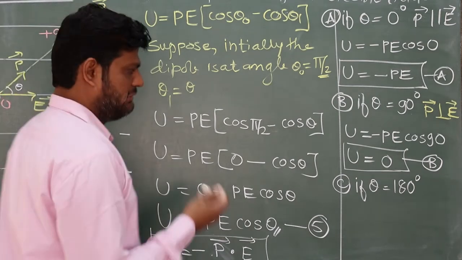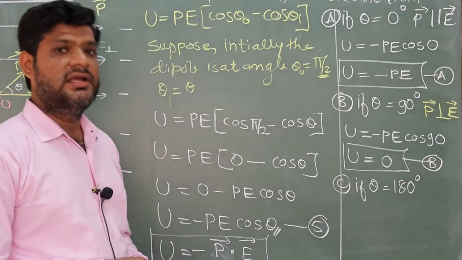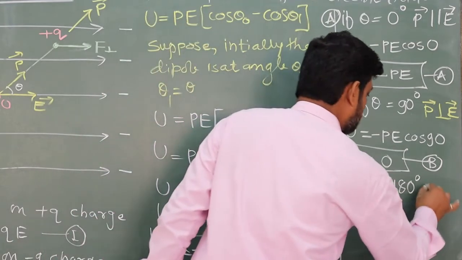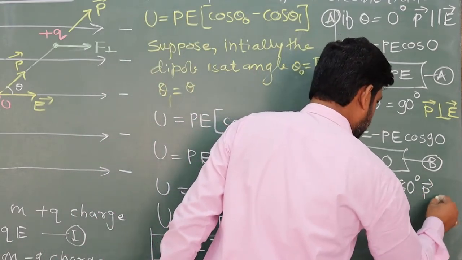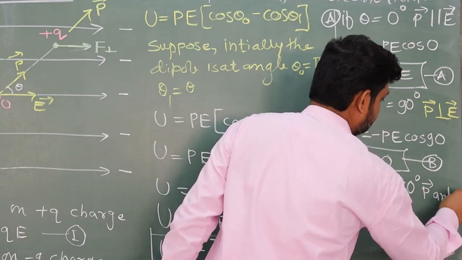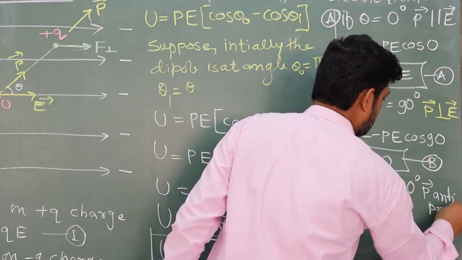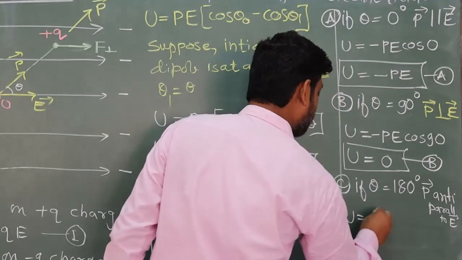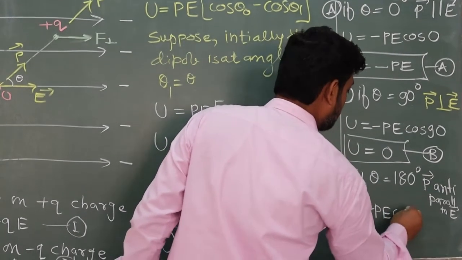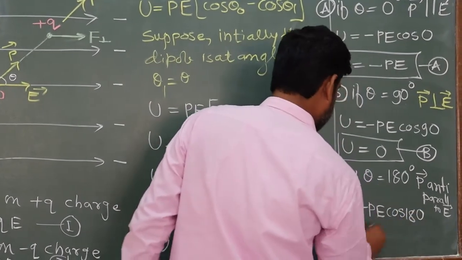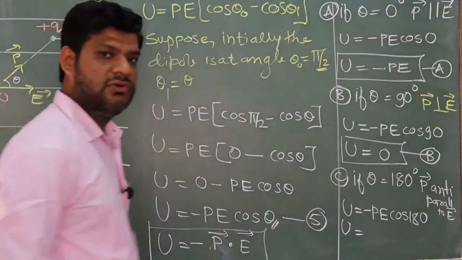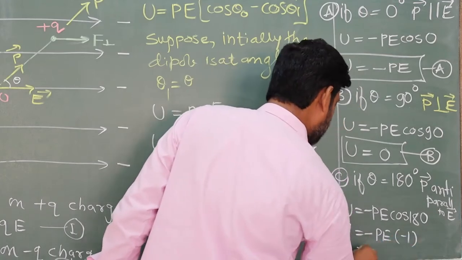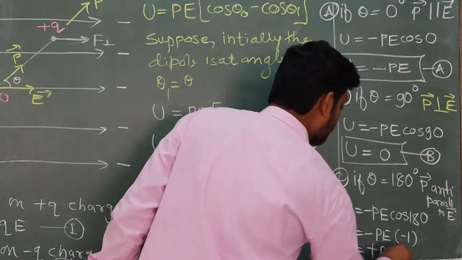So the angle between them is 180 degree, which means P vector is anti-parallel to E vector. So U equal to minus of pE cos 180. As we know that cos 180 is equal to minus 1, so minus of pE times minus 1 becomes plus pE.